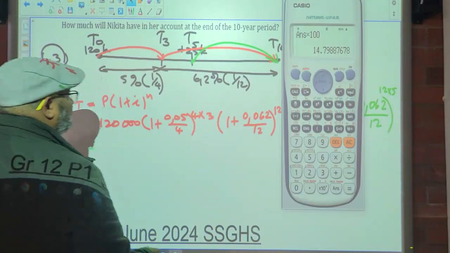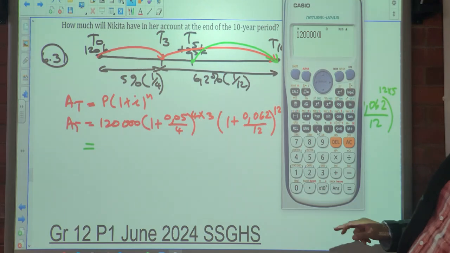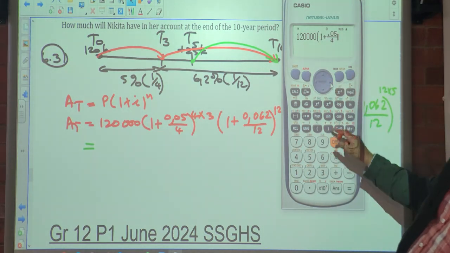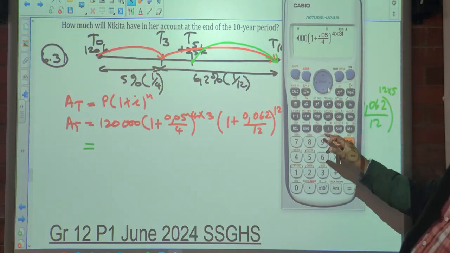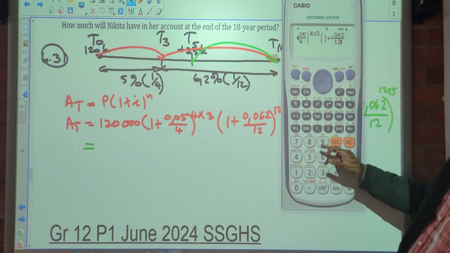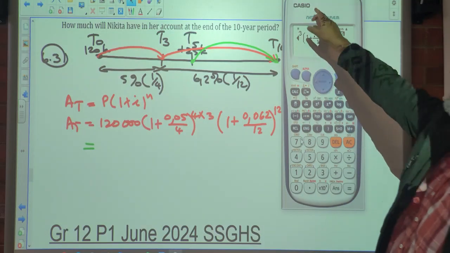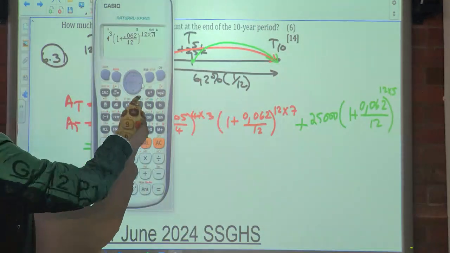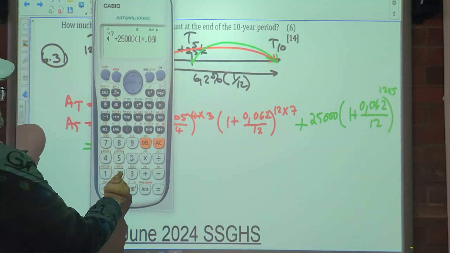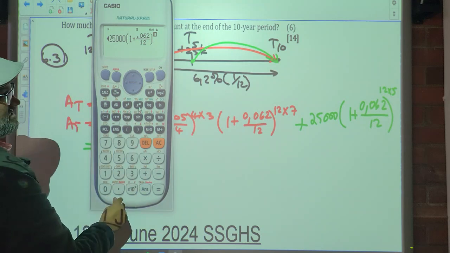From here it's just a matter of substituting into your formula: 120,000 into 1 plus 0.05 over 4 to the exponent 4 times 3, and 1 plus 0.062 over 12 to the exponent 12 times 7, plus 25,000 into 1 plus 0.062 over 12 to the exponent 12 times 5.